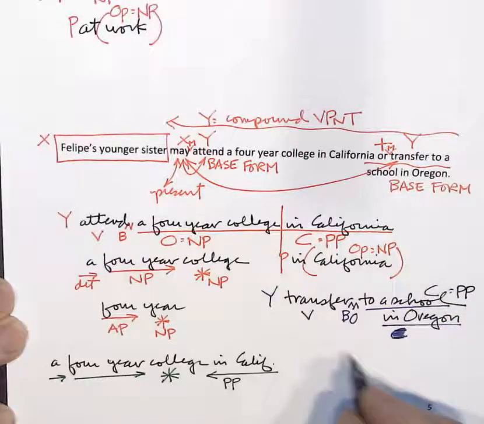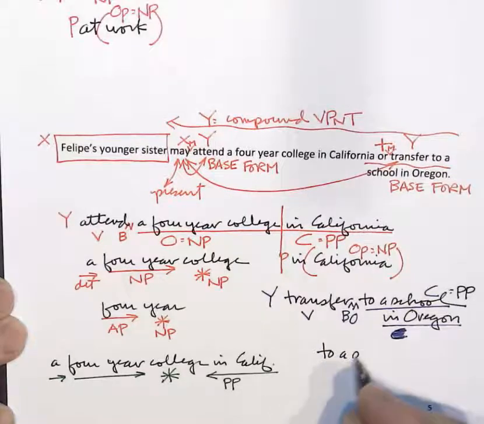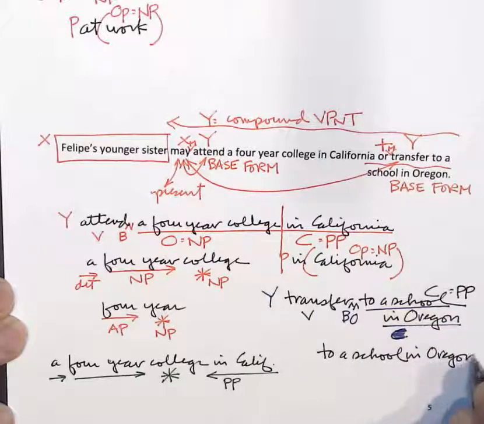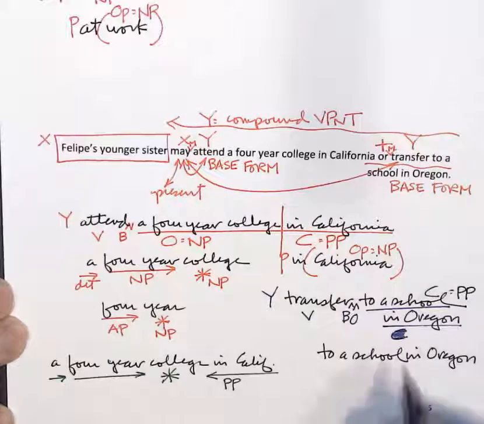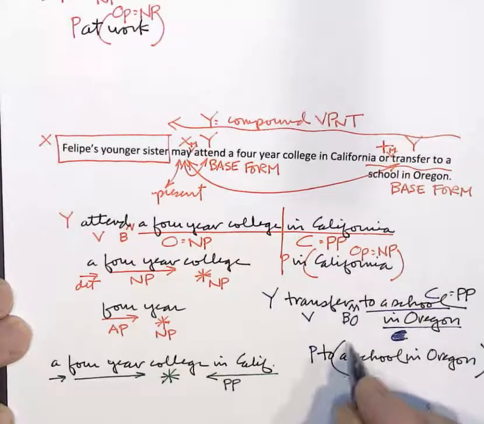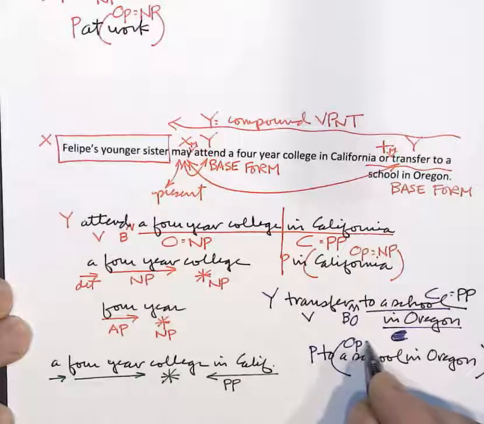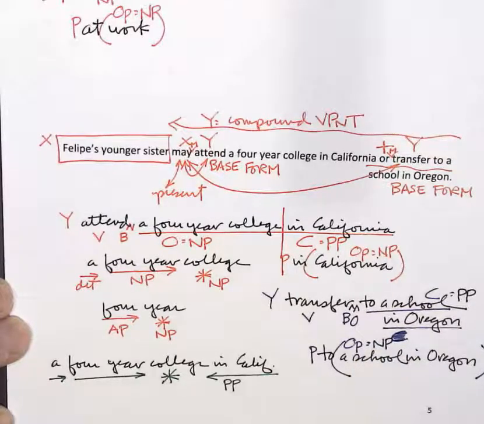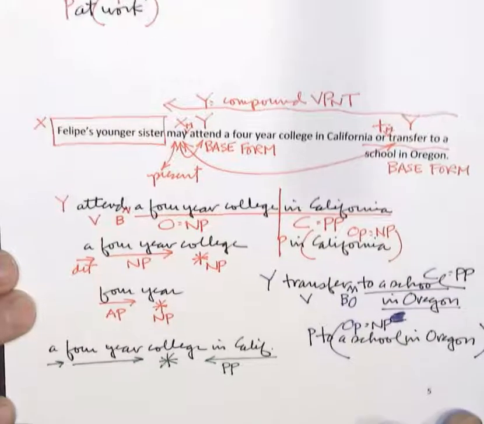And let's rewrite our prepositional phrase. To a school in Oregon. And now the preposition is to. The object of the preposition is a school in Oregon. That's a noun phrase. We'll rewrite our noun phrase.